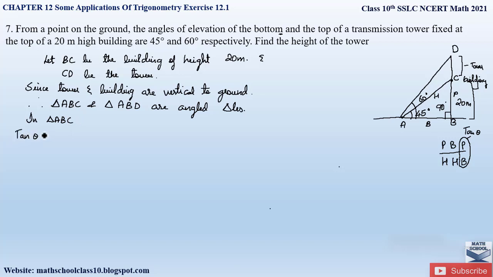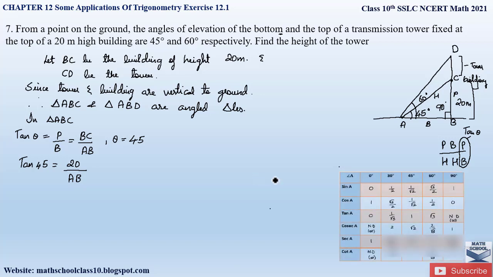Tan theta is equal to perpendicular by base, where our perpendicular is BC and base is AB, and theta is 45 degree. Tan 45 is equal to BC, which is 20 meter, divided by AB. What is tan 45 from our trigonometric table? Tan 45 is equal to 1.